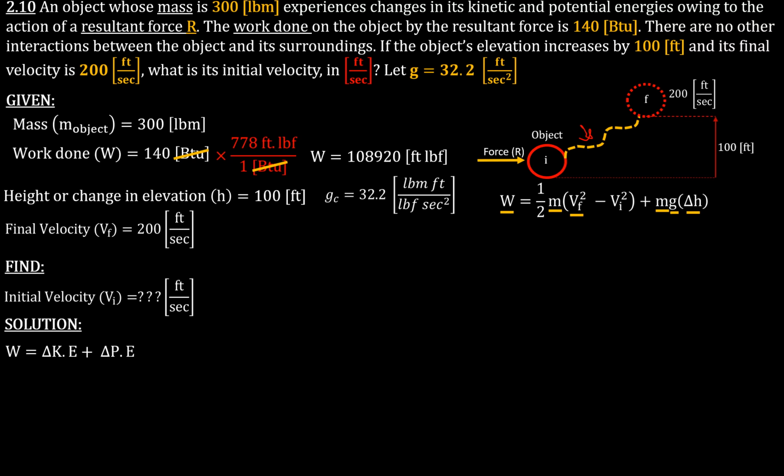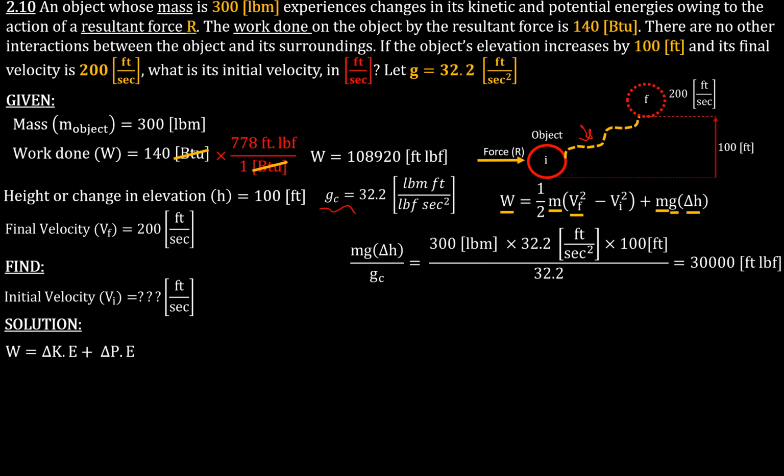And remember that the gravitational constant is 32.2 pound mass times feet divided by pound force times second squared. Now, what I will do here is take the potential energy equation and divide it by the gravitational constant, and we will plug in the given values, and we will get 30,000 feet times pound force, and the units cancel here; you can practice it like we did in the previous problems.